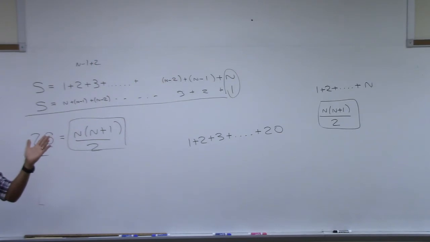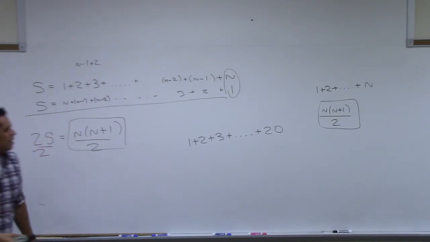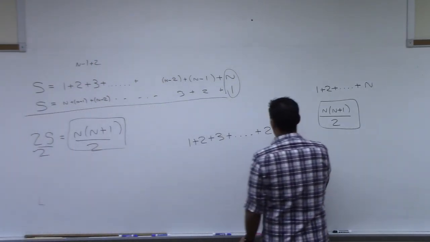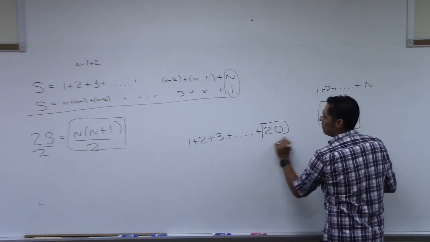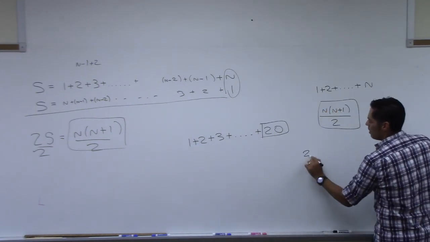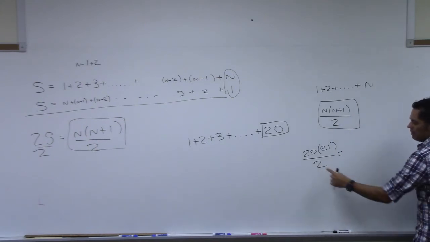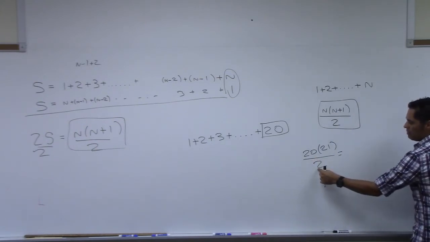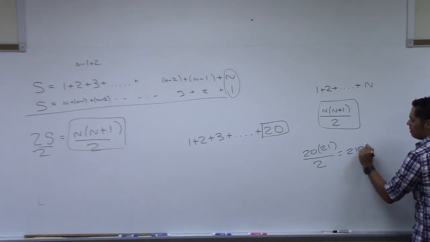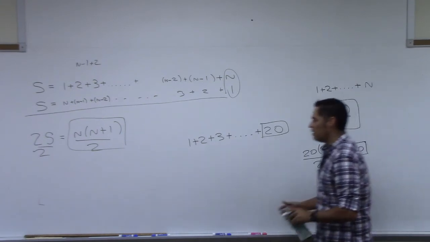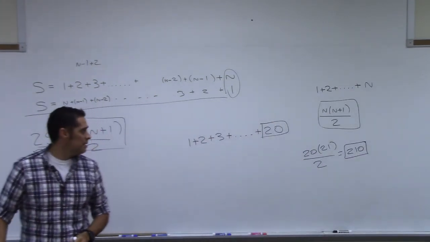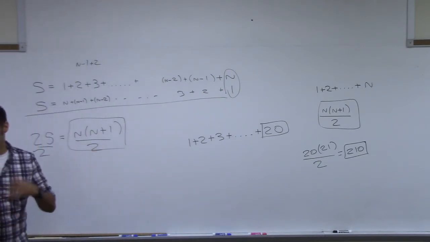How many candles have you ever had in your whole life? If you're 20 years old, then according to the formula, this is n, right? So according to the formula, it's 20 times 21 over 2. So what is that? Let's just do 20 divided by 2 is 10. 10 times 21 is 210. So if you're 20 years old, you technically should have blown out 210 candles so far. If you know what I'm saying?